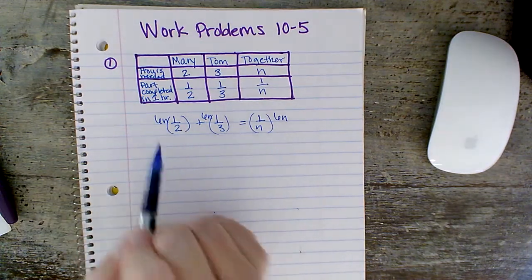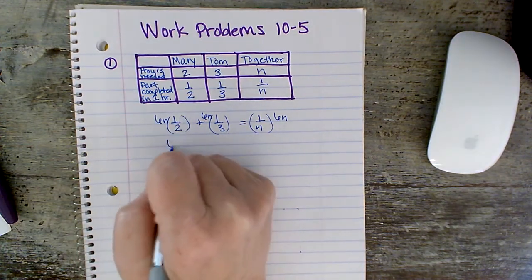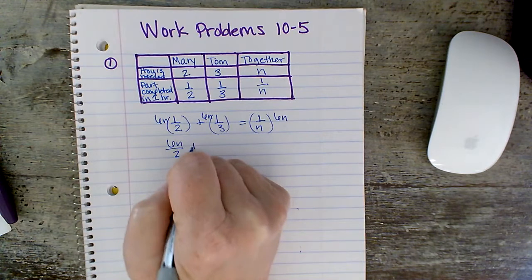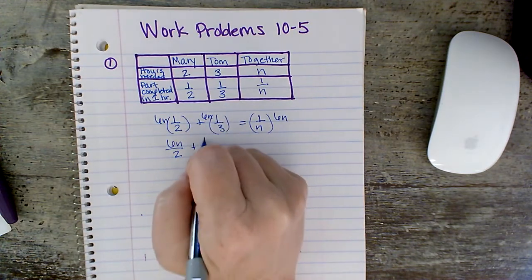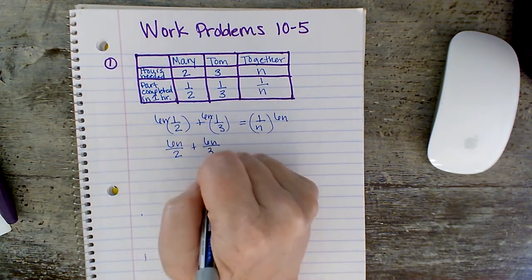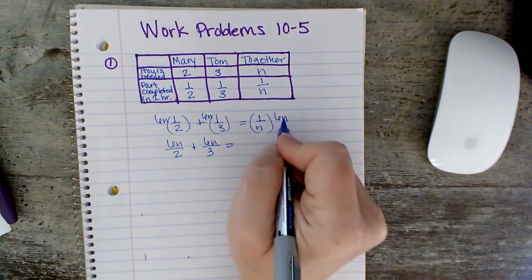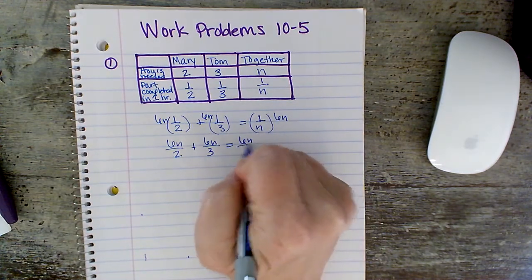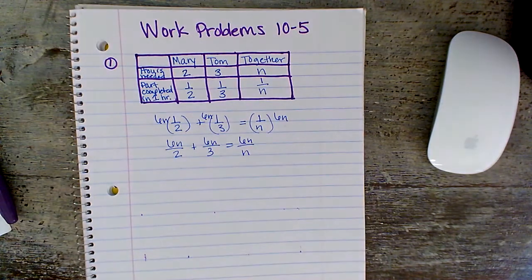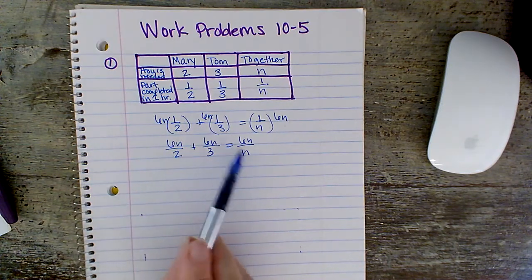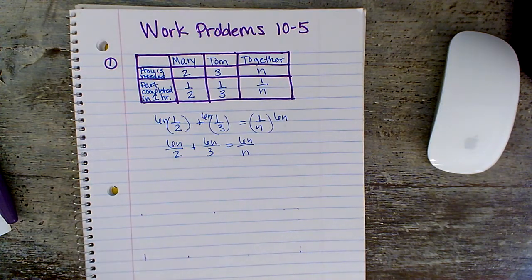So I'm just going to go ahead and multiply it out. 6n times 1 is 6n over 2. 6n times 1 is, again, 6n over 3. I'm just going to pull down that denominator, equals 6n times 1 is 6n over n. I just pull that denominator down. Now I can start crossing out and dividing to simplify this, because the whole goal is to get rid of these silly denominators.